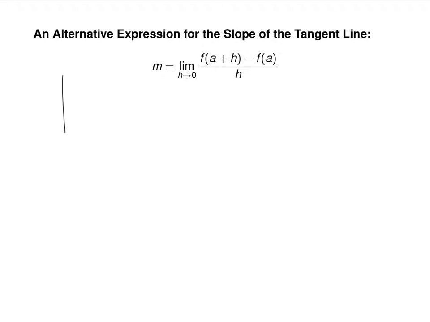Because instead of picking two separate points, so you have your curve, you have your point A, f of A, you say h is a small number, i.e. close to 0.